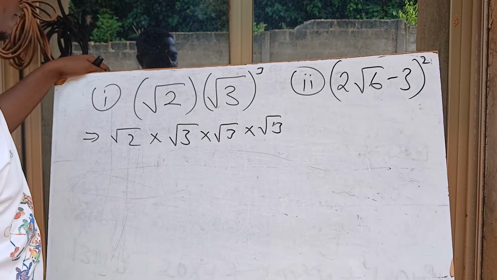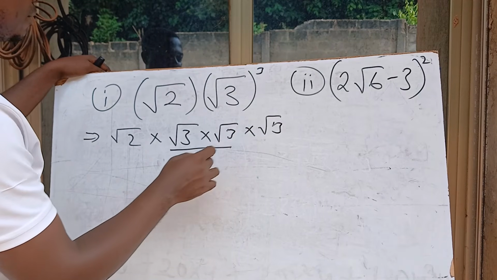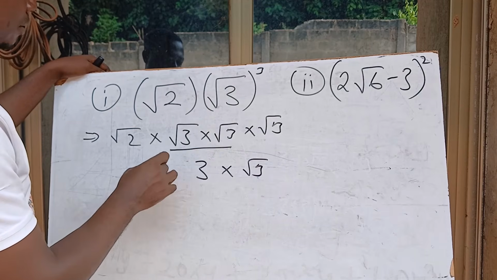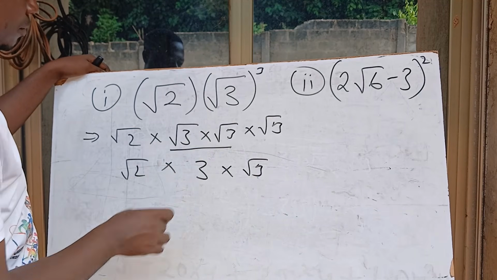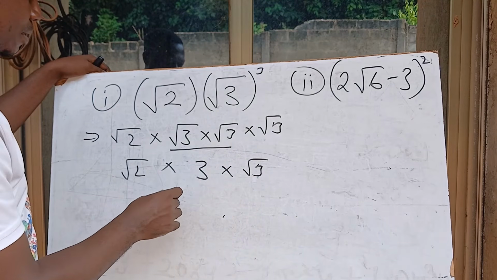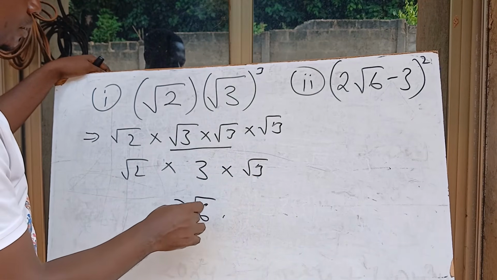Okay, so this and that will be 3 times root 3 times root 2. So this and that will be square root of 6 times 3, that will be 3 with 6.